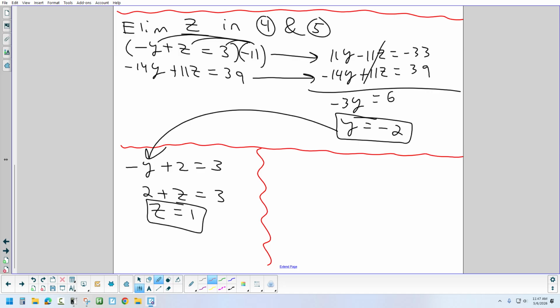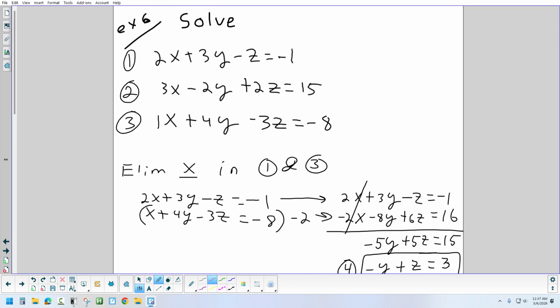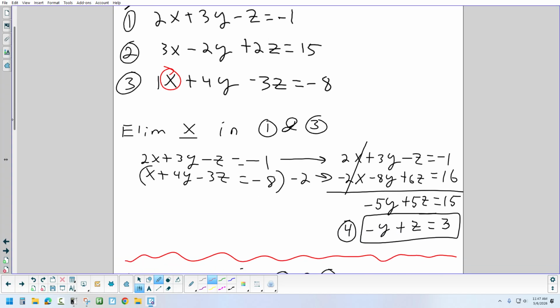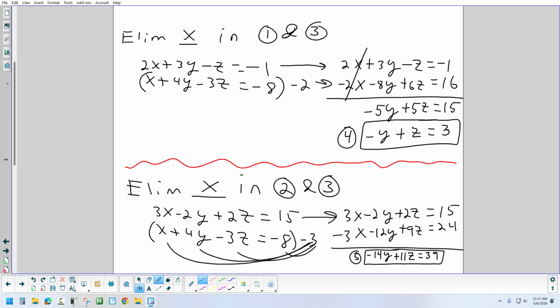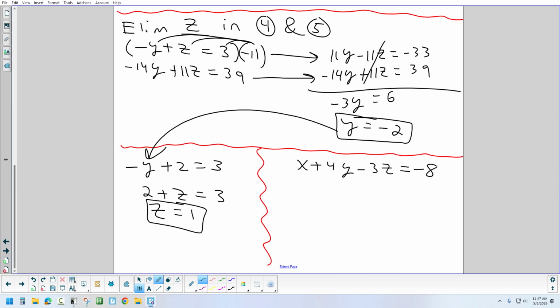And Hadley, what's the last letter I need to find? X, and we can do that by plugging back into any one of the 3 original equations. Doesn't matter. I would just pick the bottom one because it already has a coefficient of 1 on the x. So x plus 4y minus 3z. Okay, and now fill it all in.